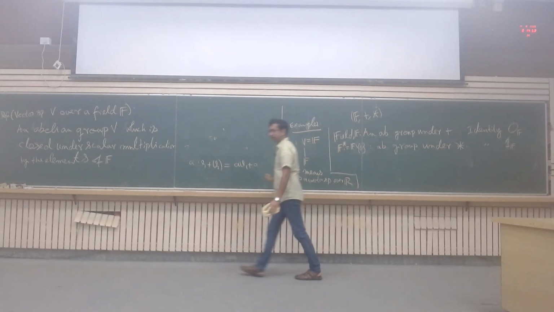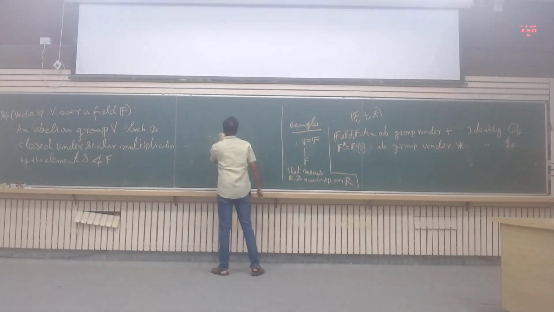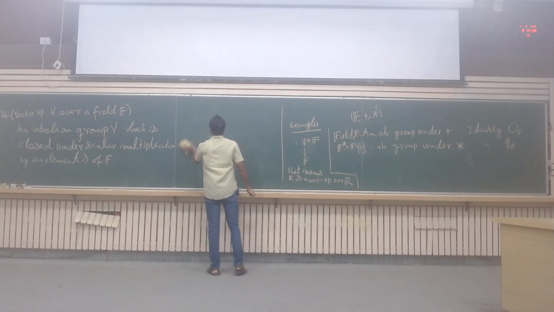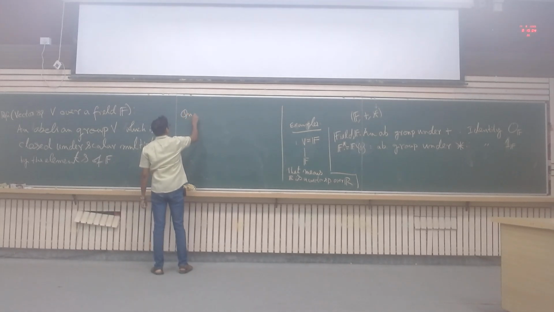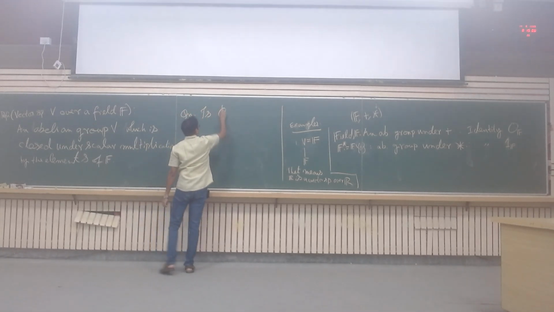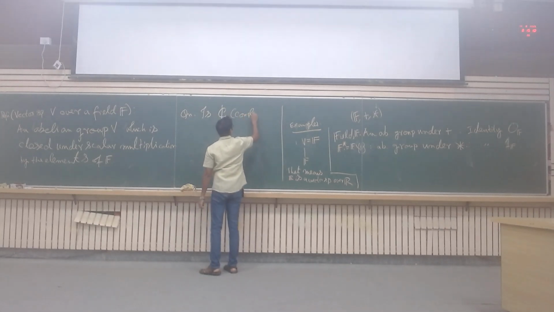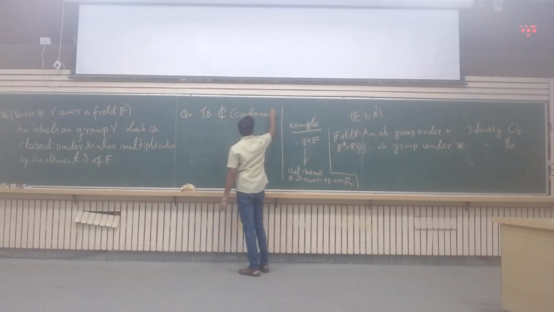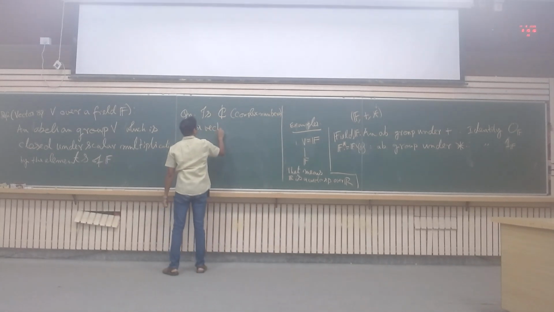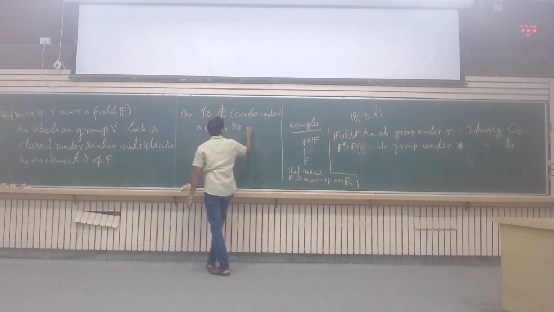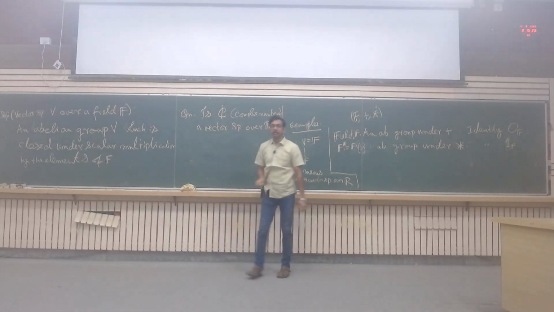The question is whether C is a vector space over R. Question: is C, the set of complex numbers, a vector space over R? What do you think?